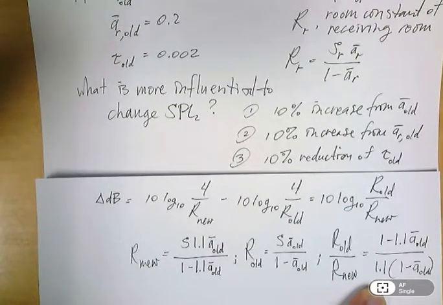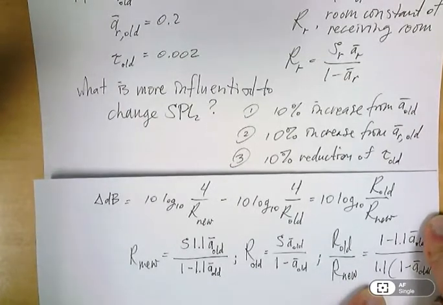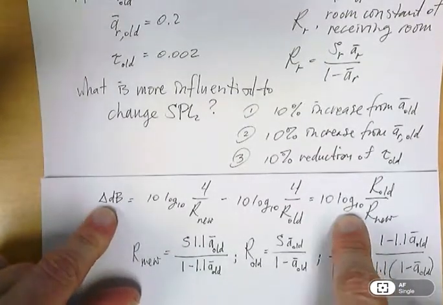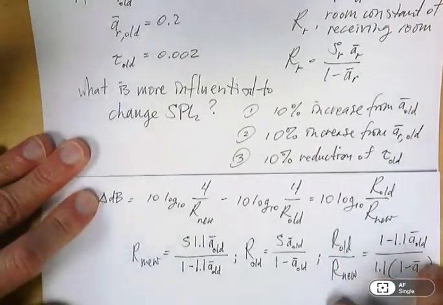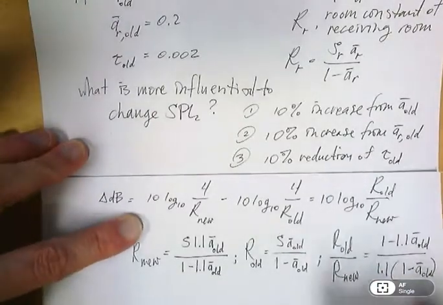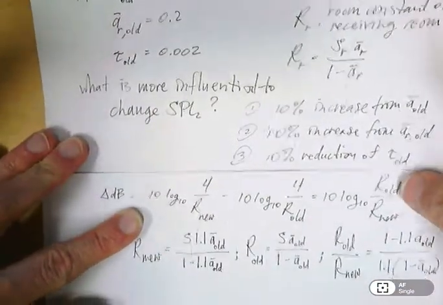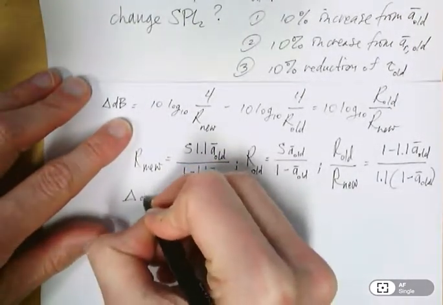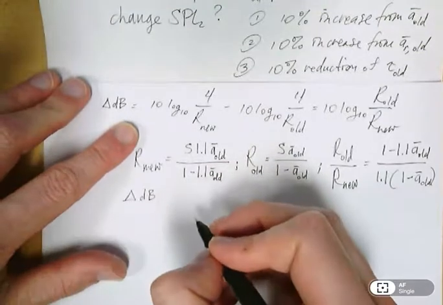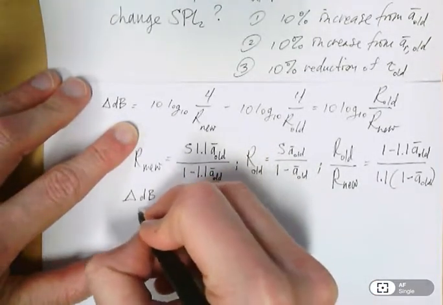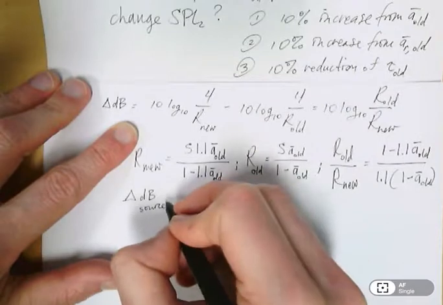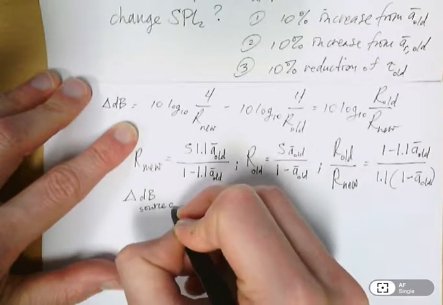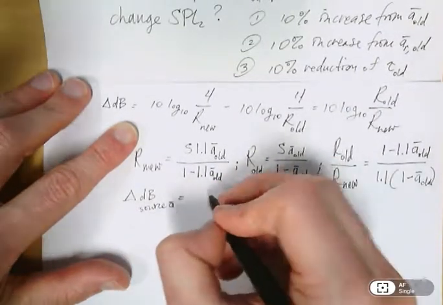So what's our 10 log 10 of this, given our interest to find the delta dB? Well, when we do this, we'll find the delta dB for the source room is negative 0.52 decibels.